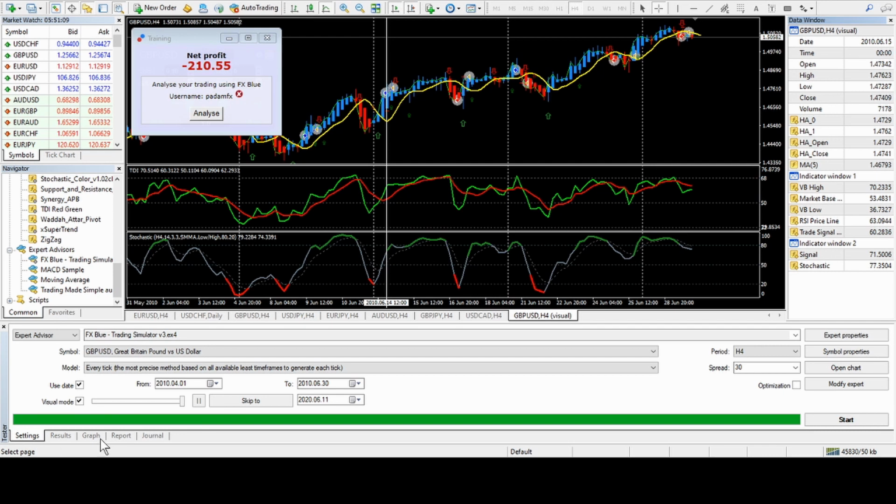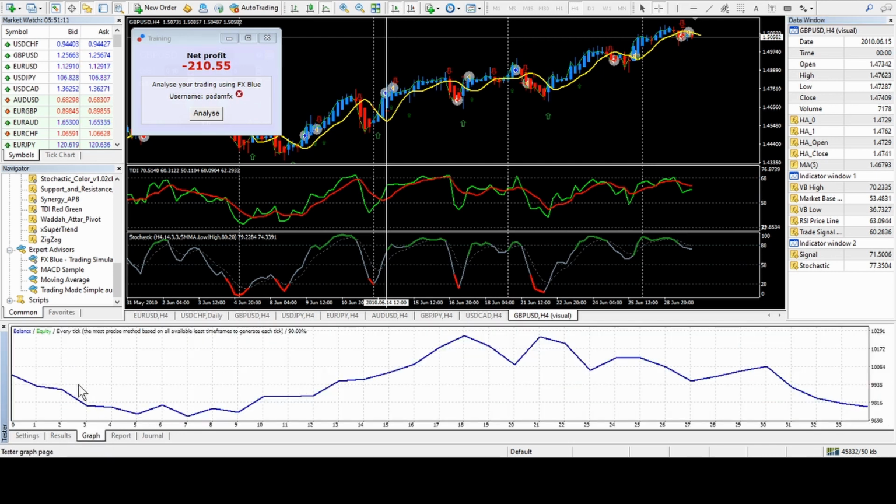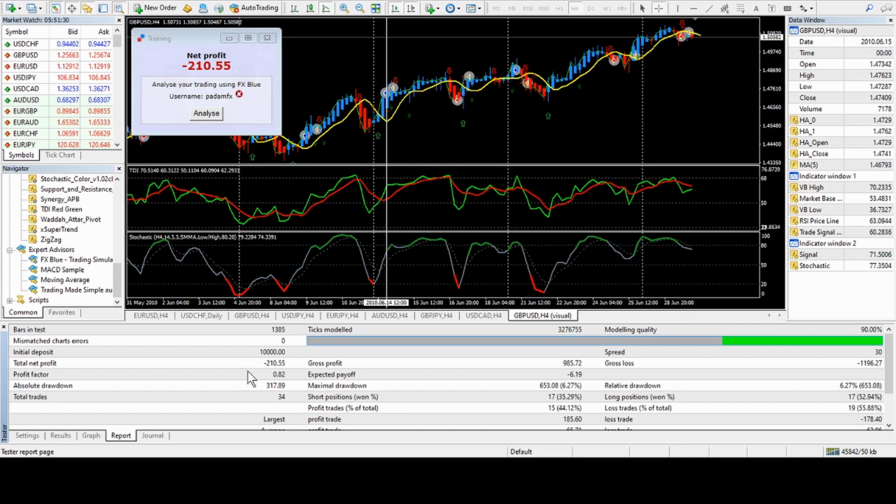Alright, let's take a look at the graph. You can see what happened. You see losses in the beginning. It's only like 33 trades. We had a peak of about 10. I'm trading really small, so about $260. And then here's the report. Loss of $210, absolute drawdown 317, 34 trades.